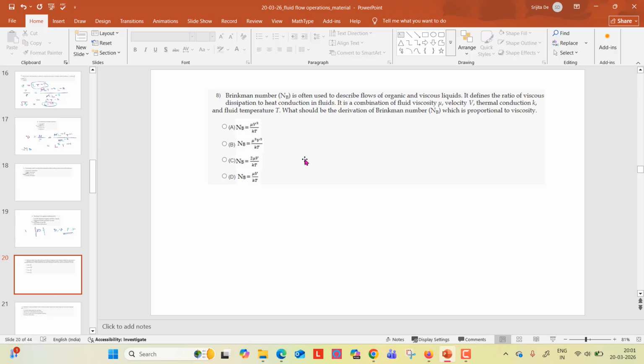So it is viscous dissipation to heat conduction, right? Viscous dissipation is represented as mu v square, and heat conduction is defined as K into T, right? So it is option A.